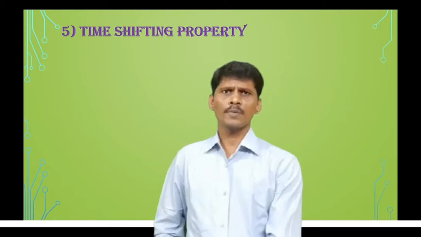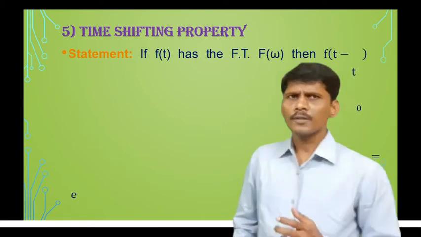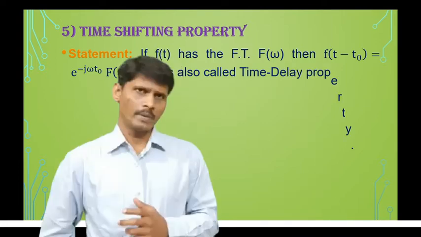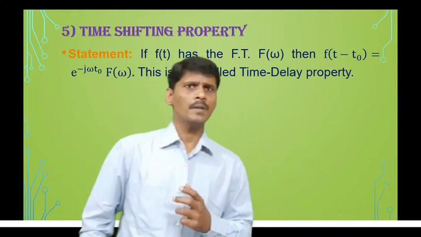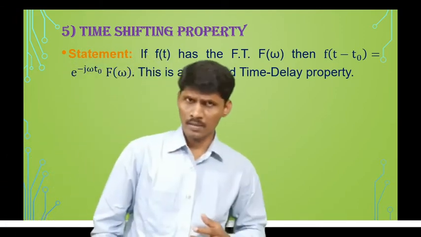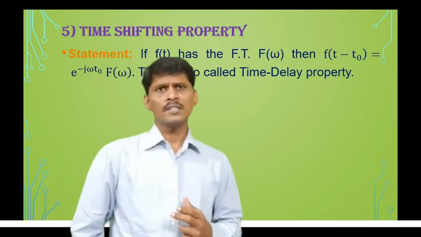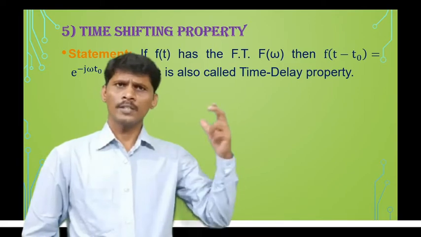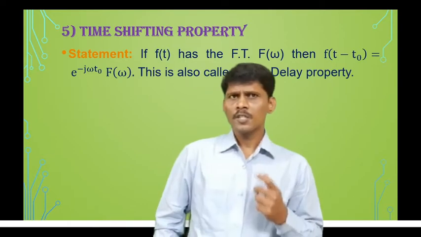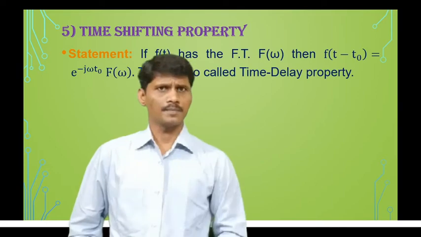If the Fourier transform of f of t is F of omega, then the Fourier transform of f of t minus t naught is e power minus j omega t naught into F of omega, where t naught is the shifted amount. That is the statement. Now we prove the time shifting property.